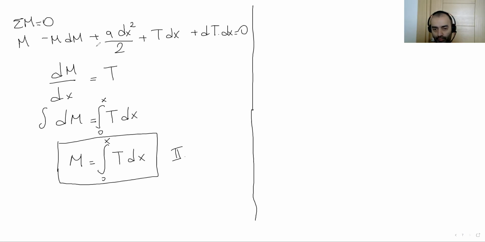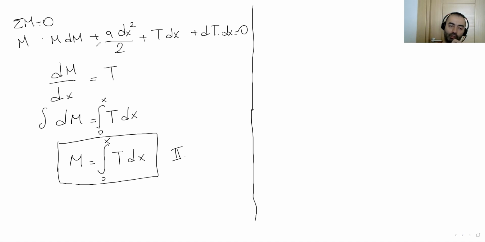We have two rules. We calculate the shear forces depending on the external loading. We remove the external loading from the shear force: the start point's shear force minus external loading gives me the second point's shear force. We will see how to use these rules in the examples, but I'm just repeating the same sentence to keep in mind.